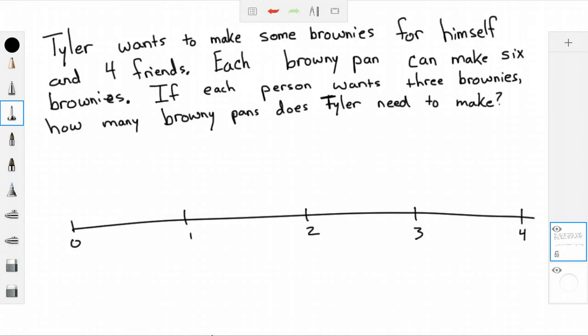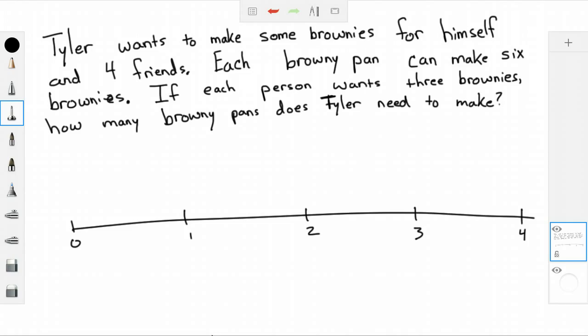Okay, here is your homework problem for tonight. Tyler wants to make some brownies for himself and 4 friends. Each brownie pan can make 6 brownies. If each person wants 3 brownies, how many brownie pans does Tyler need to make? I've already gotten you started with a number line at the bottom.